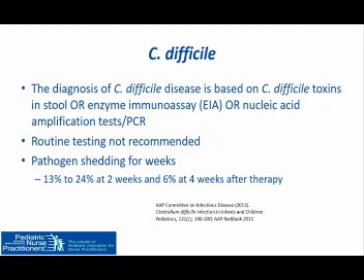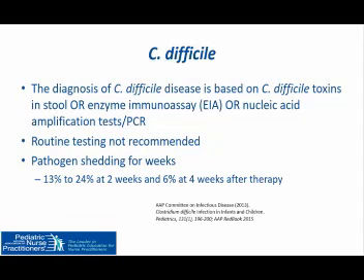There's not a recommendation to do routine testing in children because a lot of children can be asymptomatic carriers and they shed the organism, and if they're not sick, don't worry about it, okay? Intestinal colonization in healthy infants can be as high as 50%.